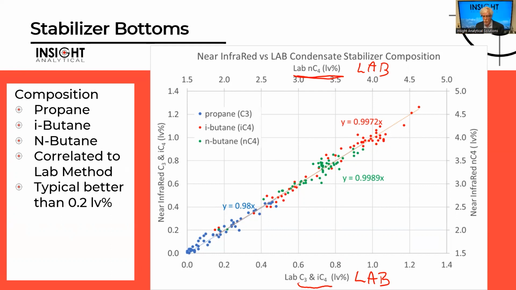The top one is normal butane. All the propane values are in blue. There's a cluster of propane values. Again, x was the lab, and this y-axis is the online analyzer. So you see they have good agreement, linearly correlated. When the propane goes up on the infrared analyzer, the lab propane results went up.